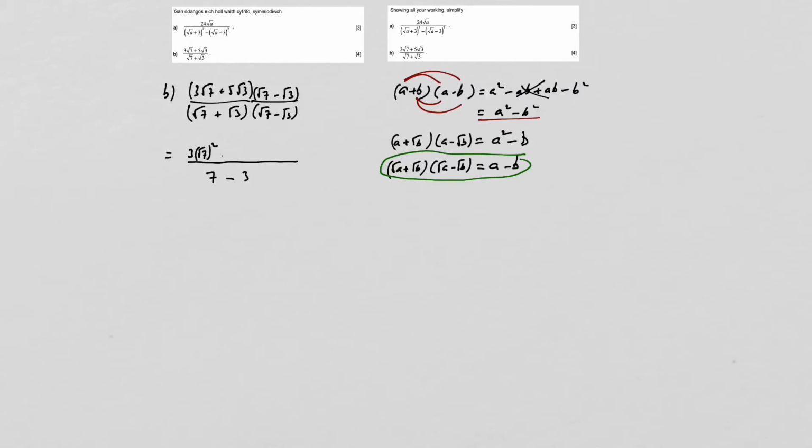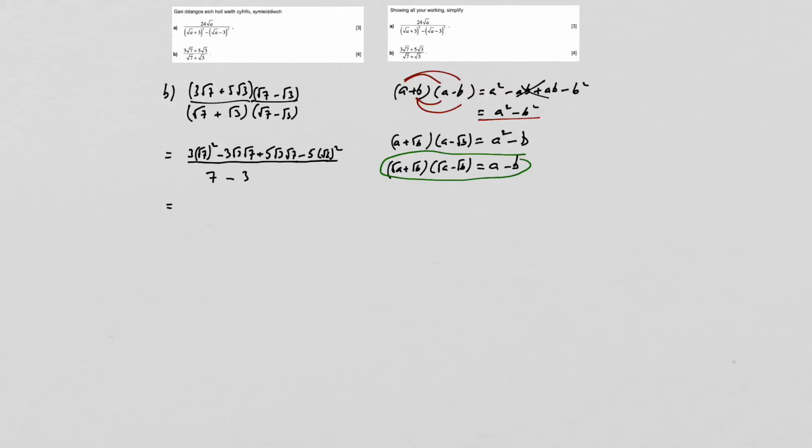Then we have 3 root 7 times minus root 3, so that's going to be take away 3 times root 3 times root 7. Then we have 5 root 3 times root 7, plus 5 root 3 times root 7. And then at the end we have minus, so it's 5 root 3 times root 3, so that's 5 root 3 squared.